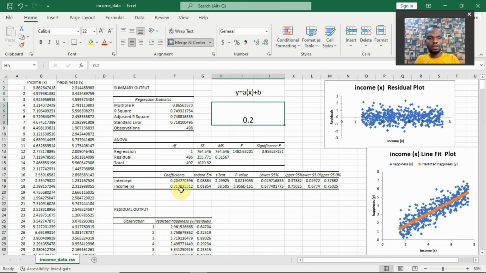While the coefficient of our x, which is the gradient of our slope, is 0.71.